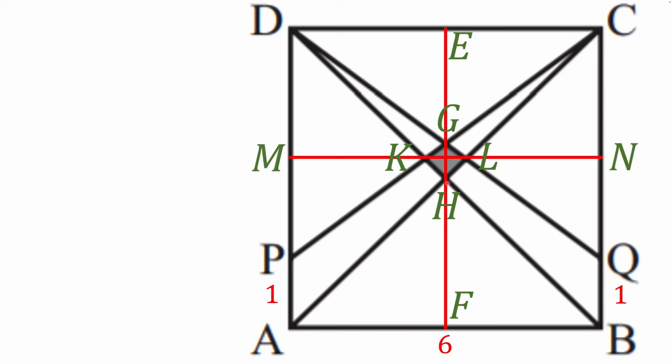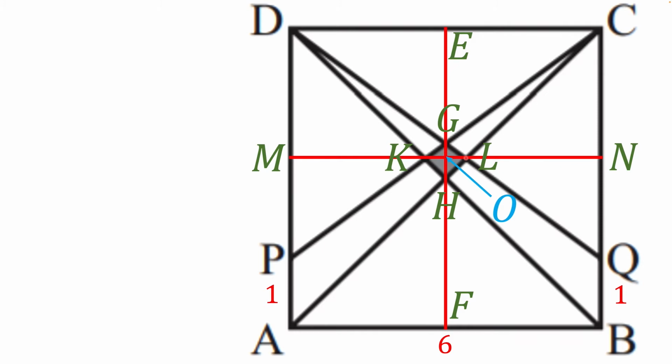We can get that line by connecting points K and L. We're going to get a line that is parallel to the AB and CD sides of the square. All right, and let's call the intersection of those red lines point O. In this case, LO is going to be the height, the altitude of the triangle GLH, okay? So the area of this triangle GLH is half of GH times LO.